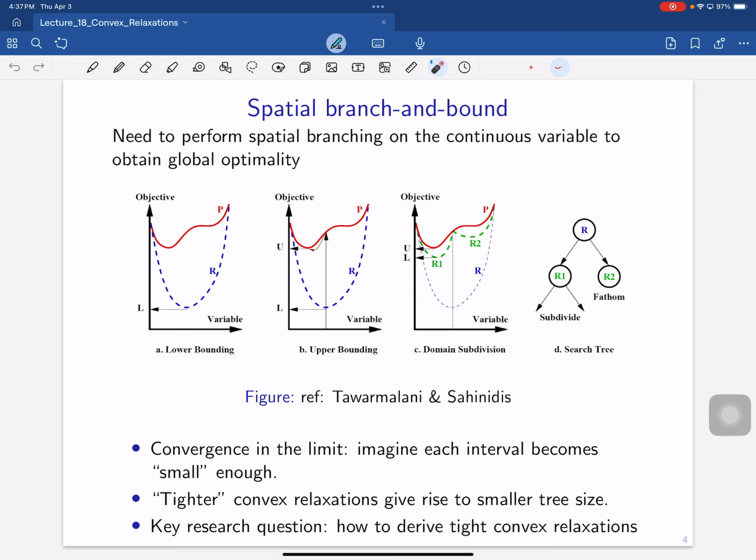So the challenge in global optimization is how do you derive tighter convex relaxation, right? If your original relaxation is very close to this function, then you do not need to divide the problem into so many nodes. If the relaxation is weak, then you will end up with a large number of nodes. Okay? So that's a key research question in global optimization.